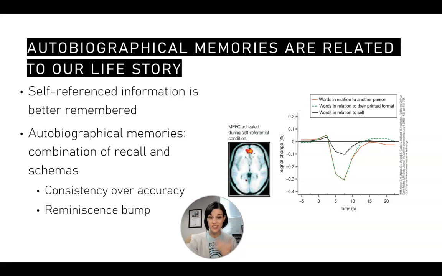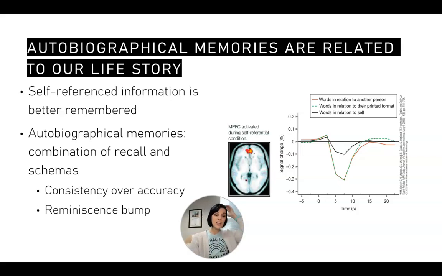So these are memories that are related to our personal narrative. And oftentimes our memories, just because they're related to us, doesn't mean that they're going to be any more accurate than any other types of memories. So we will see that a lot of our autobiographical memories are combinations of recall and schemas.